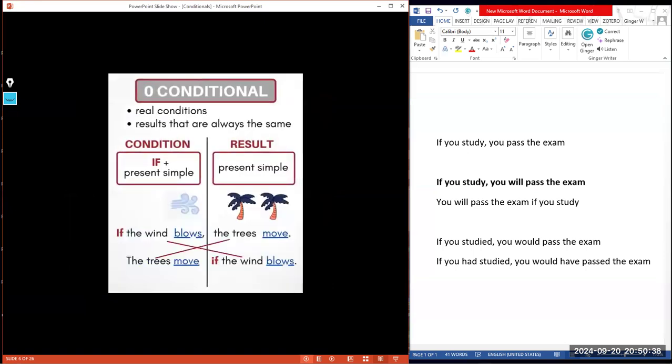Let me show you this example. So, please take a look at this example. This example is saying, if the wind blows, the trees move. So keep in mind that this is a fact. And because it is a fact, I use simple present, simple present. So this is the zero conditional with facts. Okay.